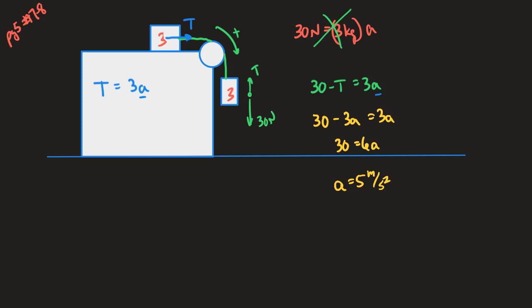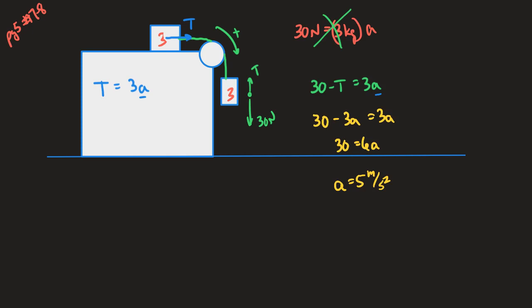I suspect that something like this is on the test, or they wouldn't have asked it here, or they'll just have a straightforward Atwood machine question with two different masses. That's fine. It does ask what will happen to the tension on each body. Well, the tension was 30 newtons before, because they're just pulling down with 30 newtons of force. Here, however, the tension is different. Tension is less than 30, because it has to be.